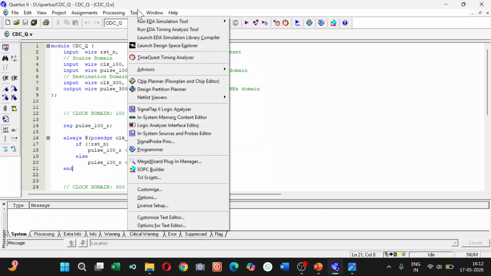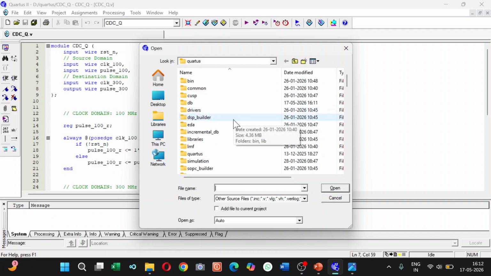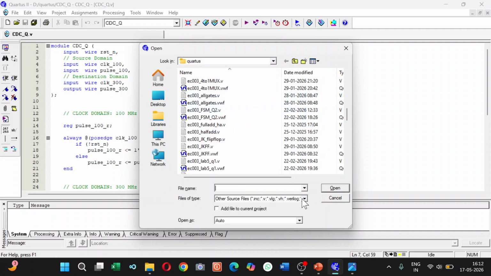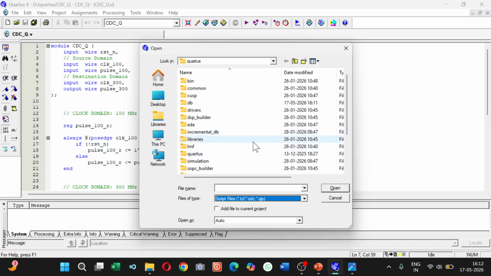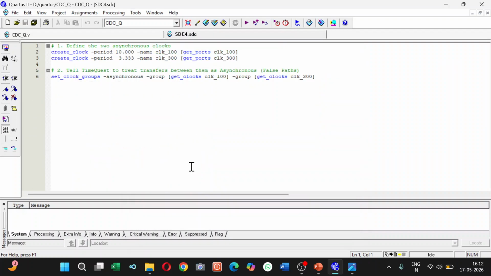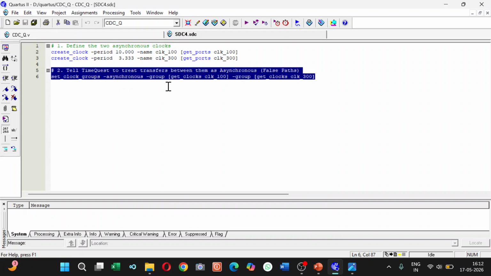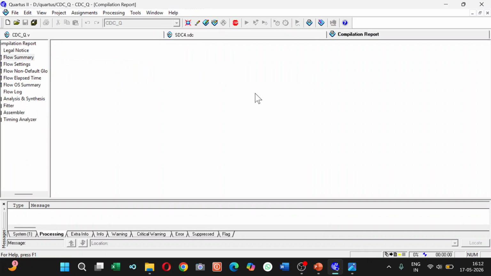Now we look at whether this code solves our CDC problem or not. Let us open our script file first. Here is the script file, and you can see we again define both domains as asynchronous. Let us compile our project first.